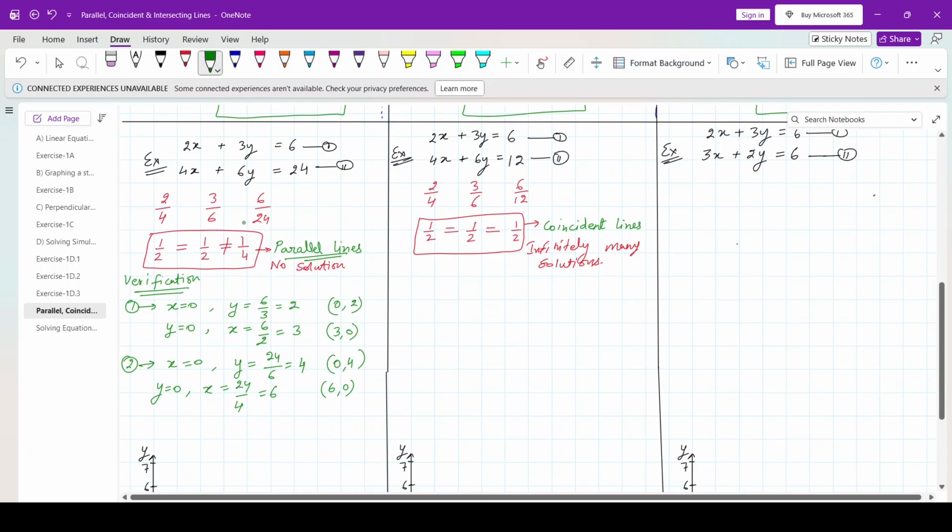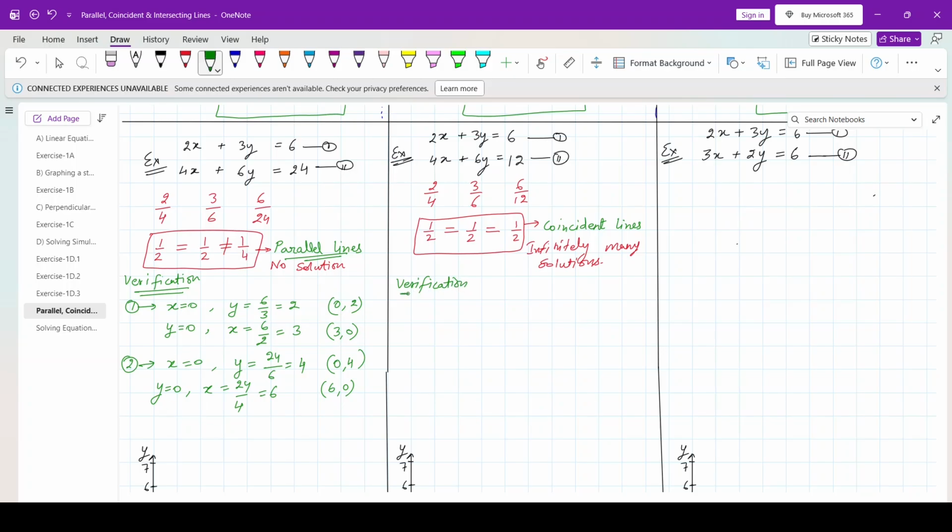Let's verify by plotting it. So verification, let's take equation 1. For equation 1, if we take x is equal to 0, we get 3y is equal to 6.